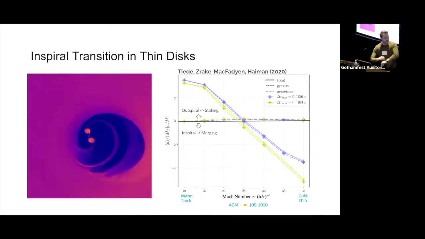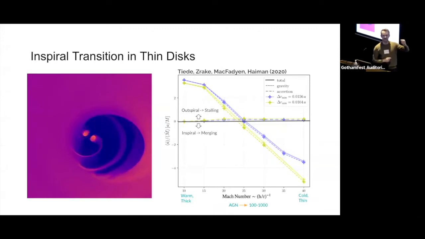Yeah, definitely. So what we found is that if you look at the time average structure of the cavity, it actually has this characteristic egg shape where the nearer sides are in quadrants that give you negative torques, and the farther sides are in quadrants that give you positive torques. This characteristic structure gives you a net negative torque on the binary, but it actually competes with positive torques from the mini disks.